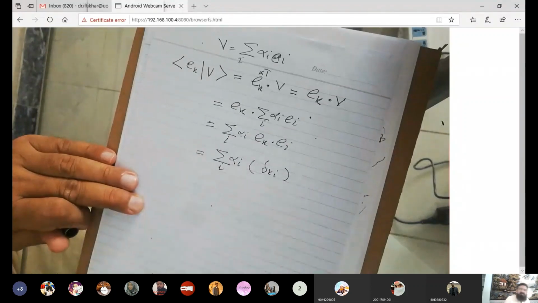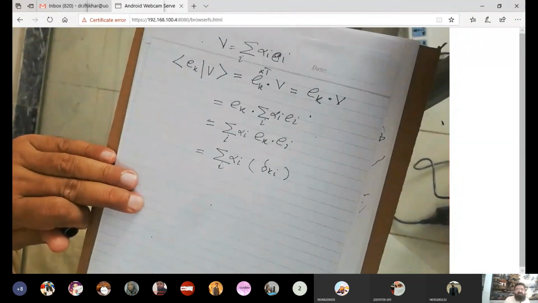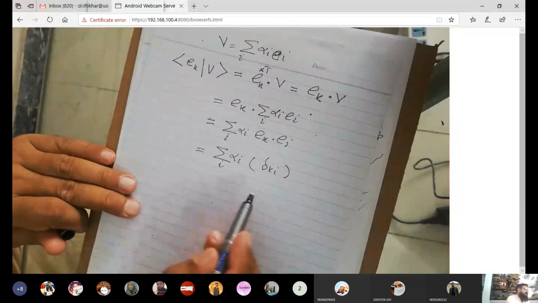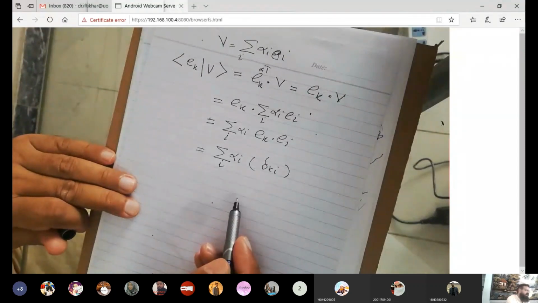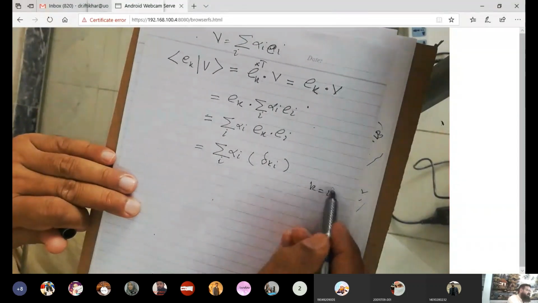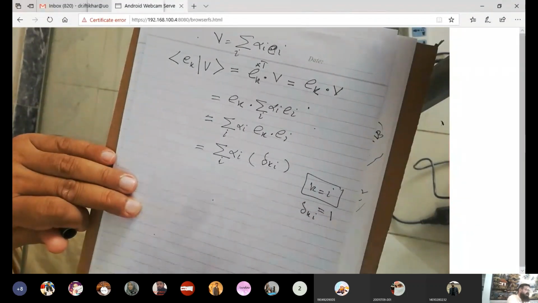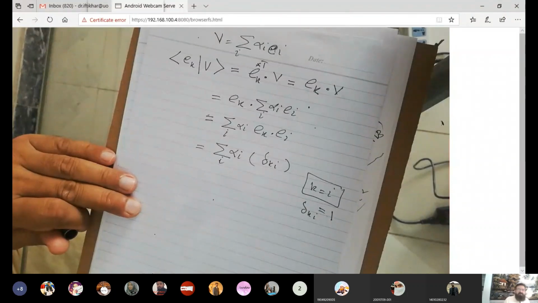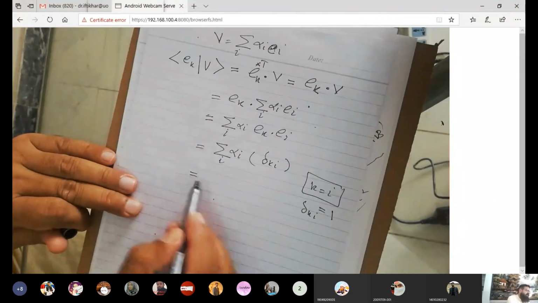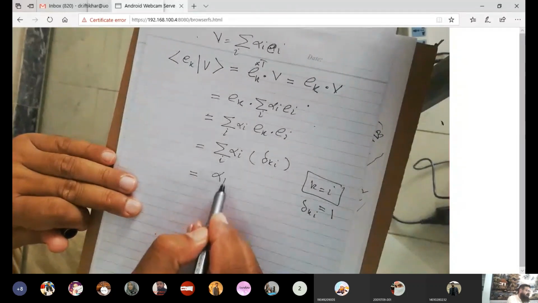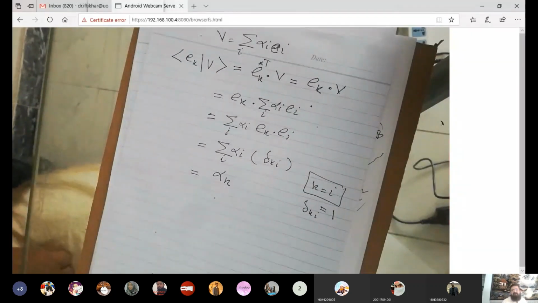When e_k is dotted with e_i, we take the inner product of e_k with e_i, and we get the value of delta k i because these are orthonormal bases. So when k is equal to i, delta ik equals 1, and then you put it here, so you get alpha k.